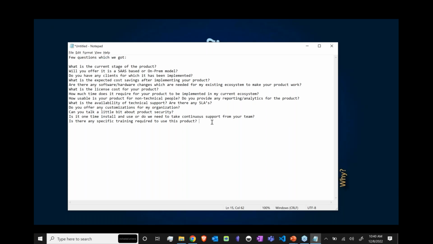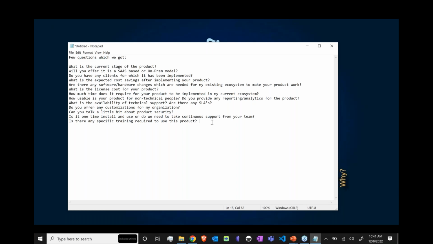Will you offer it as a SaaS? Actually, yes. To be precise, it is going to be hybrid SaaS, meaning the UI component and the ML model will be residing on our hosted environment, and the actual experimentation and the whole running of your Kubernetes will be happening inside your network, inside your organization itself, within your IT infrastructure.